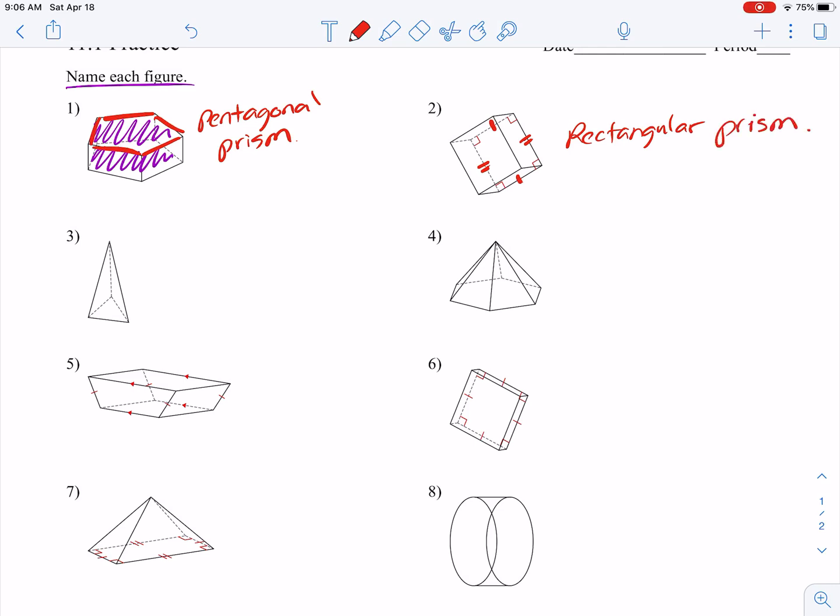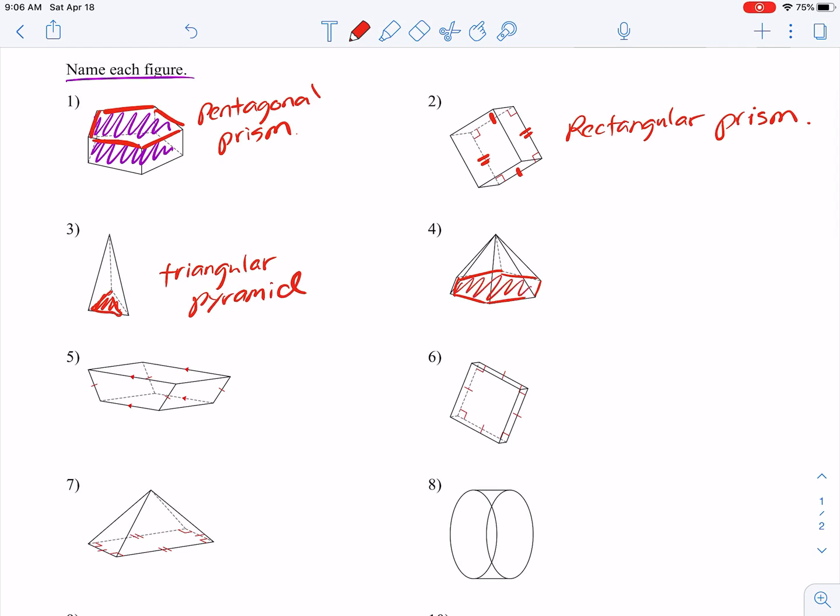Prism, two bases, pyramids, one base. Number 3, one base, triangular pyramid. Number 4, 1, 2, 3, 4, 5, 6 sides with a one-base solid would make this a hexagonal pyramid.